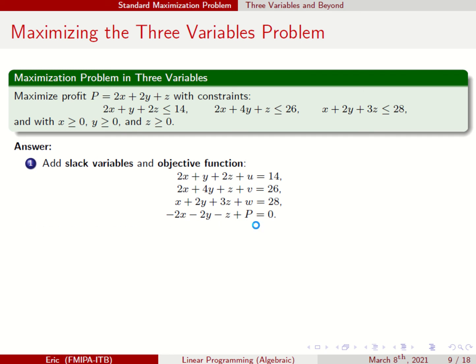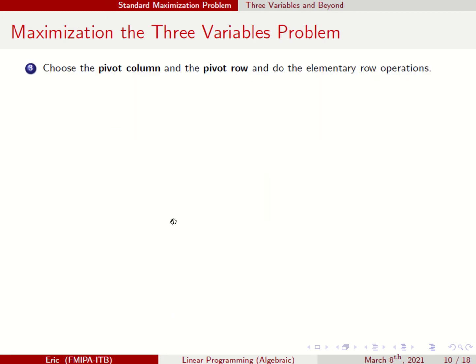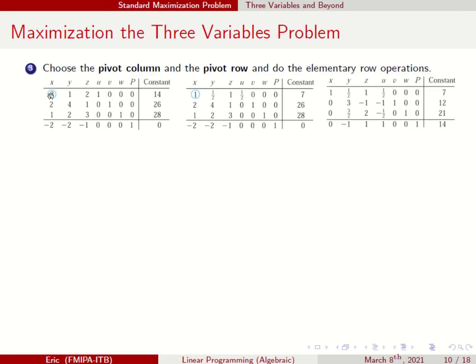So you have this, make a simplex tableau, and then you have minus 2, minus 2, minus 1. So the most influential can be minus 2 or minus 2. You can use either x or y. Here I want to choose x, so you have chosen the pivot column. What about the pivot row?